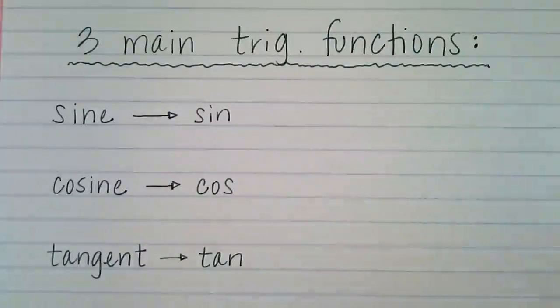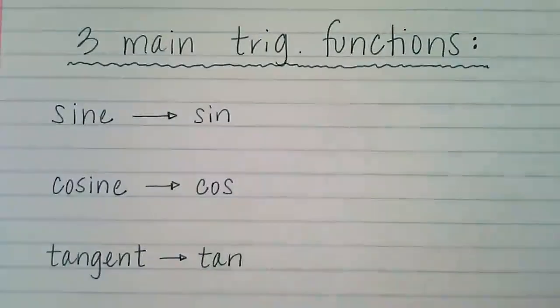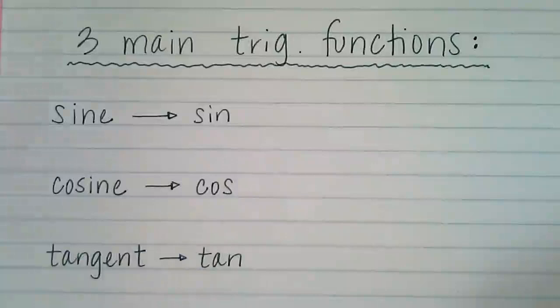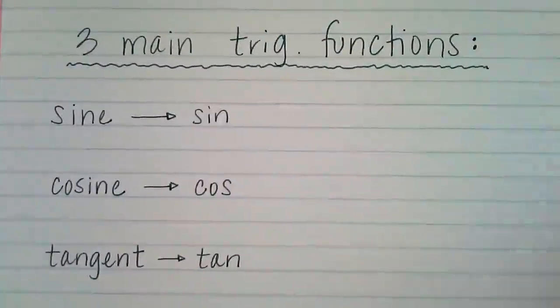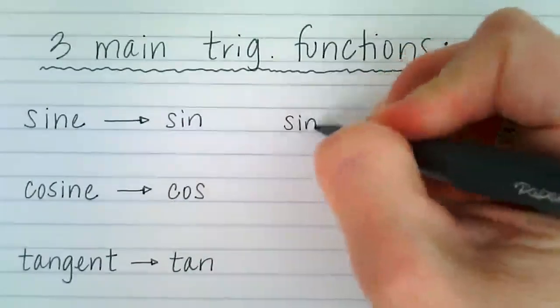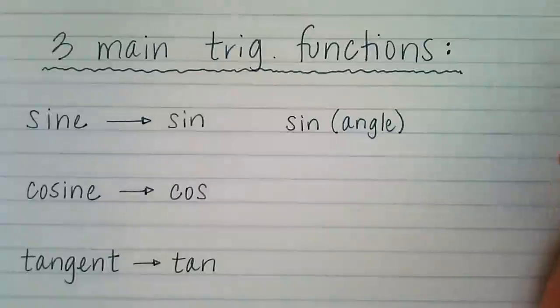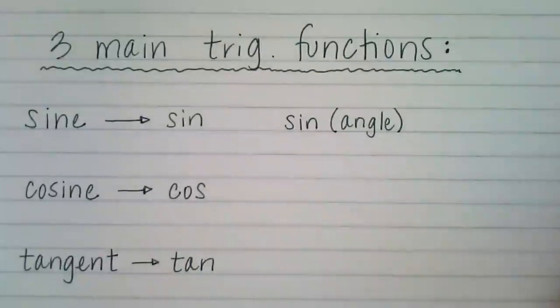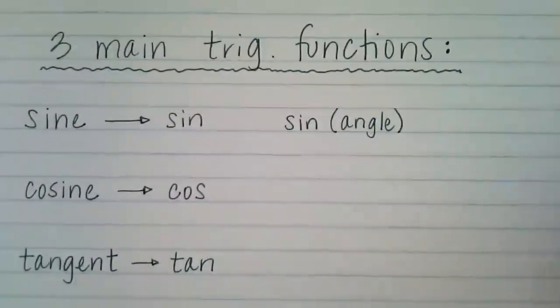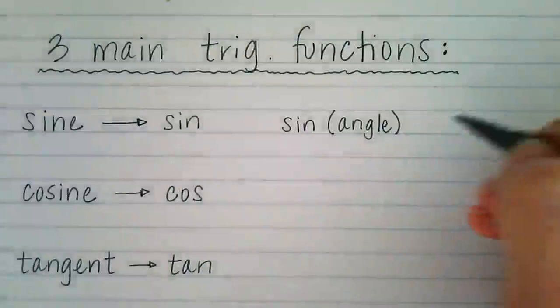Now, these three trig functions are going to connect an angle with two sides. Okay, so every trig function connects an angle with two sides. So for sine, we would say the sine of angle A, angle B, or maybe it's 30 degrees, whatever it is, the angle measurement goes with the trig function.